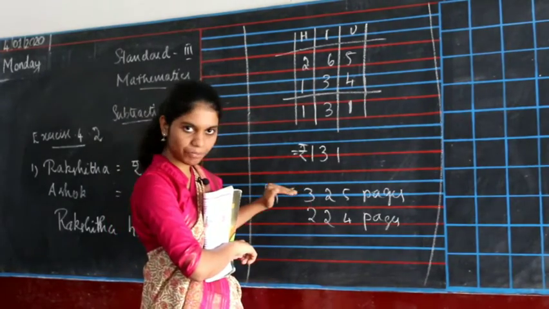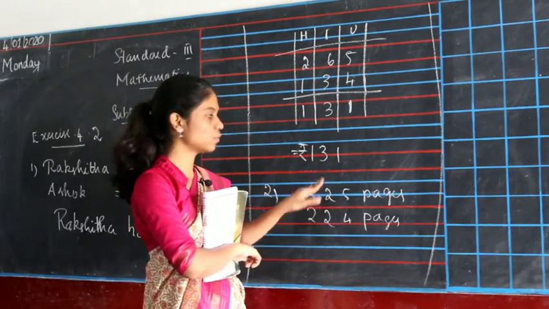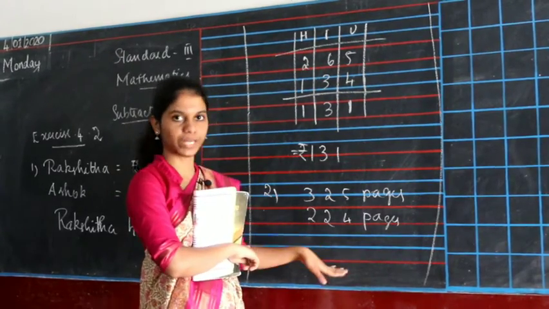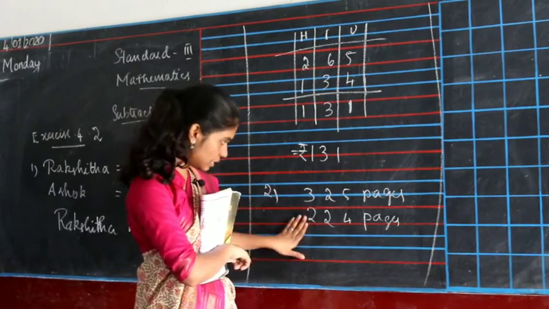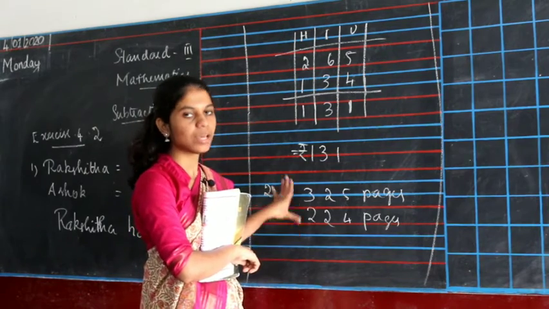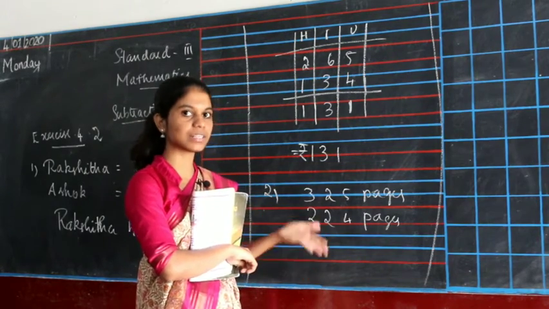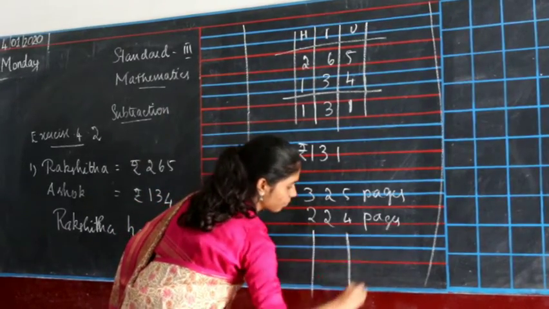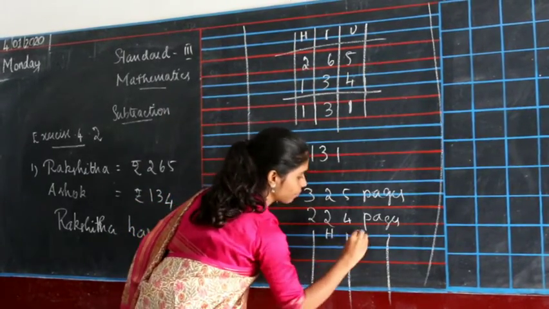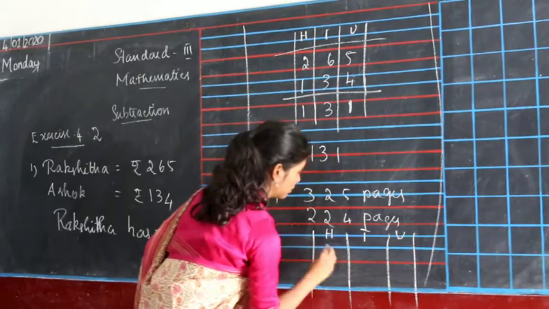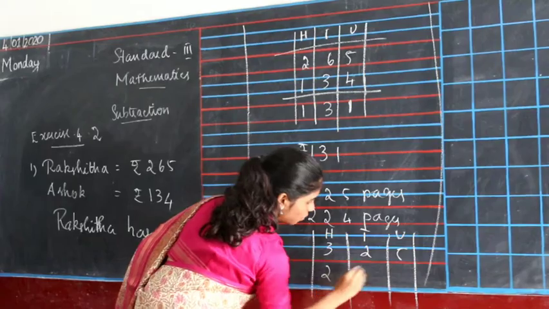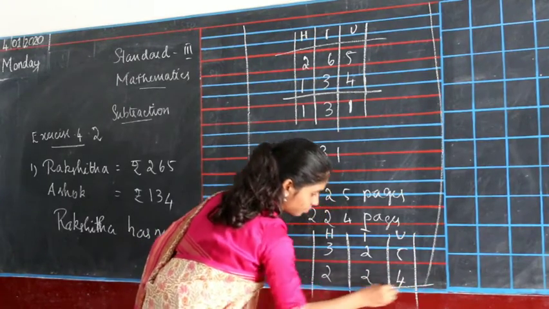So the total number of pages is 325 and how much has he finished reading? 224. So if you subtract this from the total amount, then you will get the remaining pages that you have to finish. Okay. So according to place value, hundreds, tens and units, 3, 2 and 5, 2, 2 and 4.